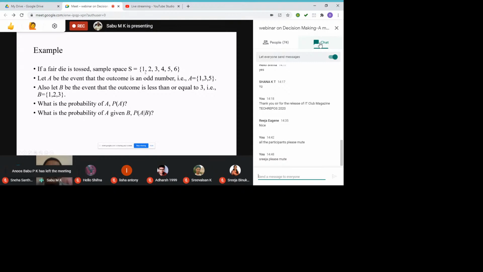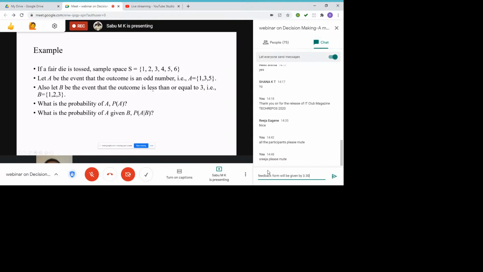Now, let's find the conditional probability of A given that B has occurred. If we know B has occurred, the outcome must be among 1, 2, 3, because B is defined as an outcome less than or equal to 3.